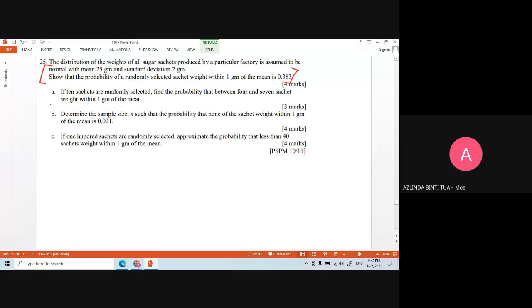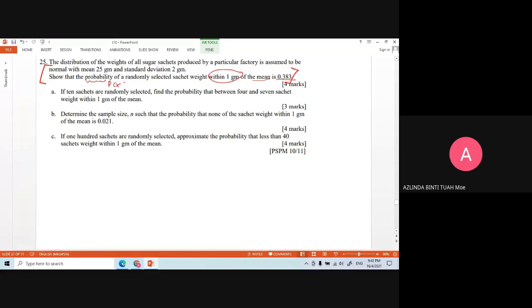Normal biasa ya. Dia suruh show that the probability of a randomly selected sachet which within 1 gram of the mean is 0.383. Dah jumpa perkataan probability, terus P(X).